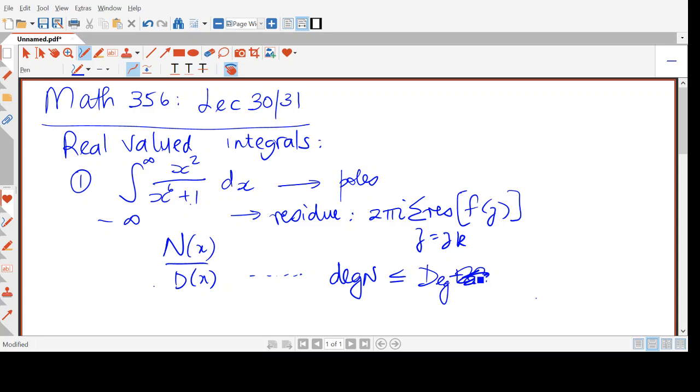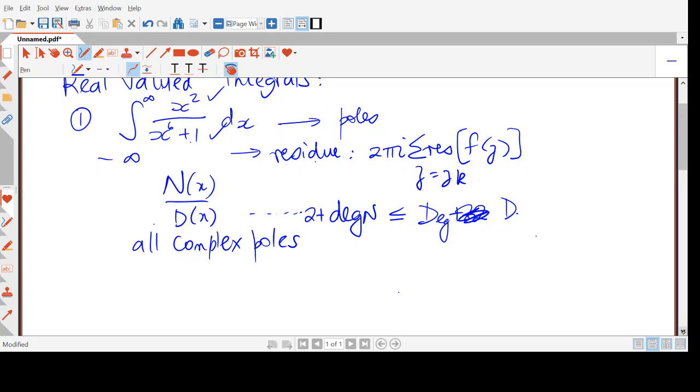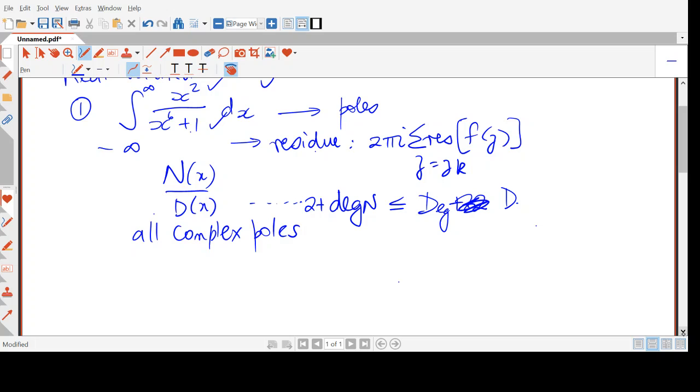Let's put it this way: 2 plus the degree of n is less than the degree of d. So that's why something like x squared over x to the 6 plus 1 works, and you can hit that with the residue theorem. Then you also have all complex poles. There are no real poles or simple poles available in this kind of problem. So this kind of problem is handled by means of this theorem if it has those properties.